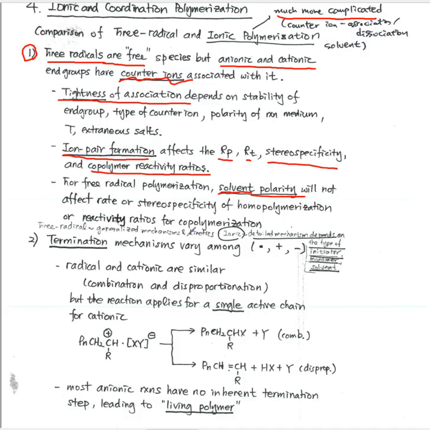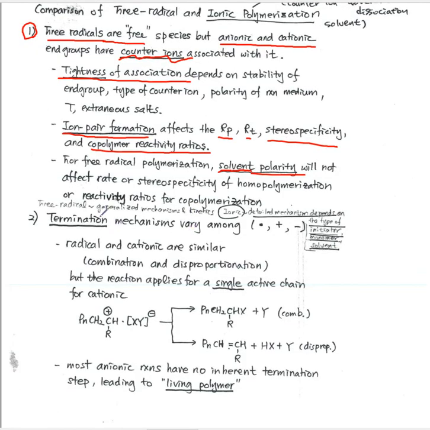If you recall free radical polymerization, there was a generalized mechanism, right? Initiation, propagation, and termination. That was all. Also, in terms of kinetics, it was relatively easy. We assumed the steady state, not really assumed, it was an experimentally valid assumption.